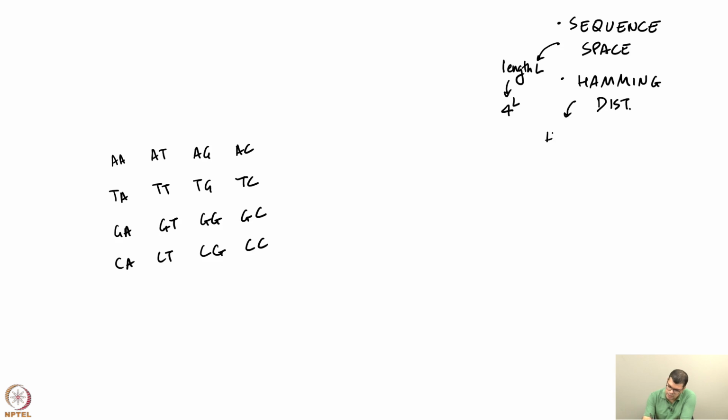Hamming distance is defined as Hij, which is the distance between sequences I and J, and is simply equal to the number of nucleotide positions where sequence I and J are unequal, are not the same.